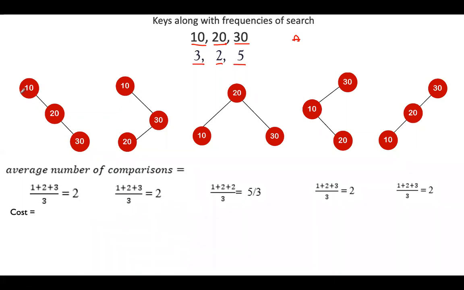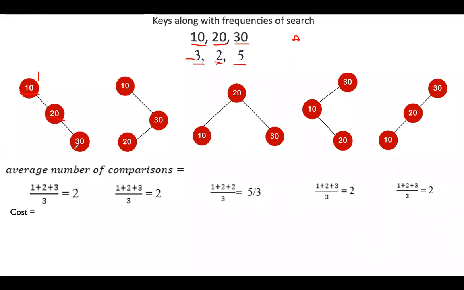Okay, 10 is here. How many comparisons will 10 take? 10 will take here in the first case only one comparison. What is the frequency? Frequency is 3. Okay, 3 times you are going to search for 10. That is 3 into 1. 20 will take 2 comparisons in this tree. Frequency is 2.